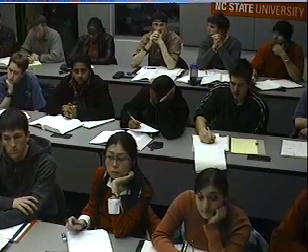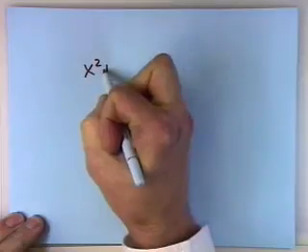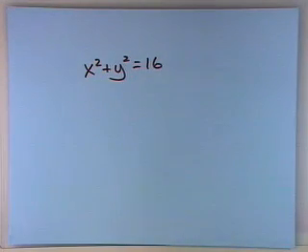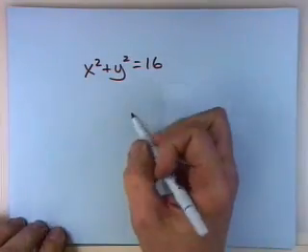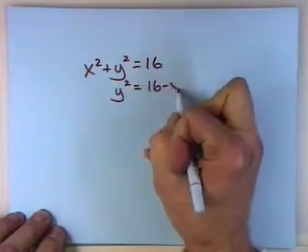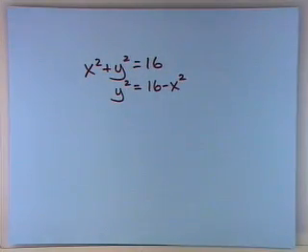Let's take an equation of that form. Okay, so we know what about that? That's a circle. Center at the origin, radius of 4. Okay, and we know that's not a function. Let's go about solving for y.